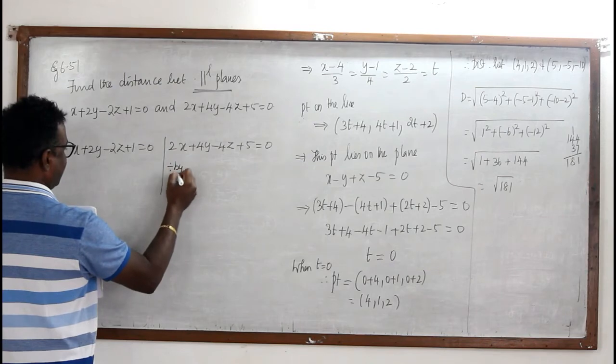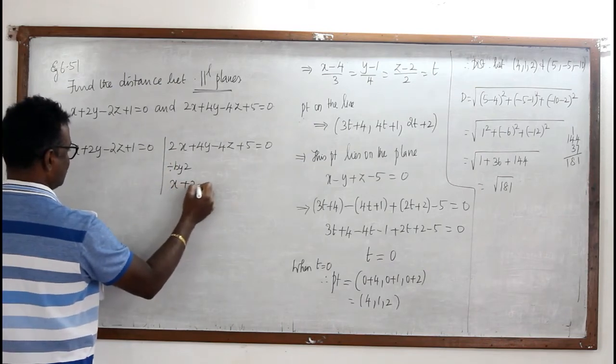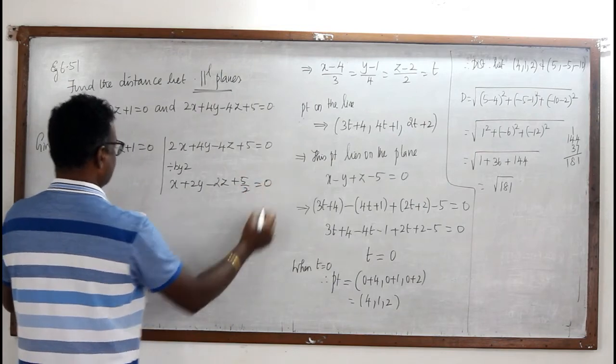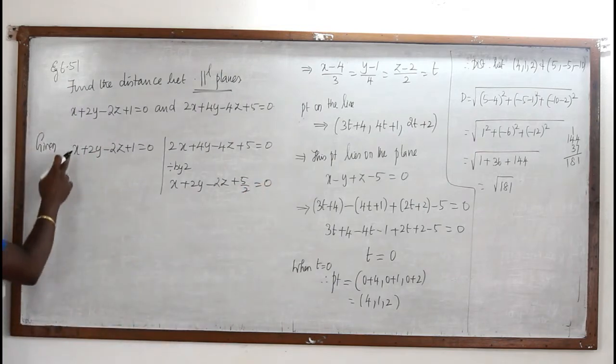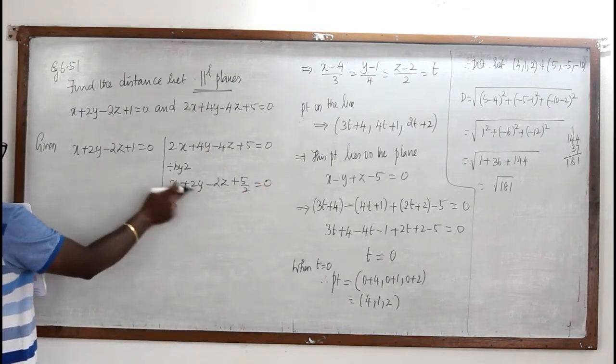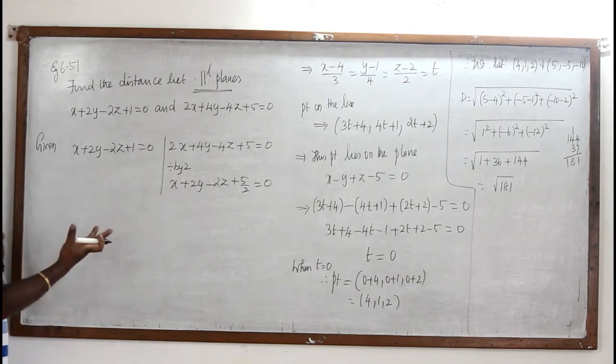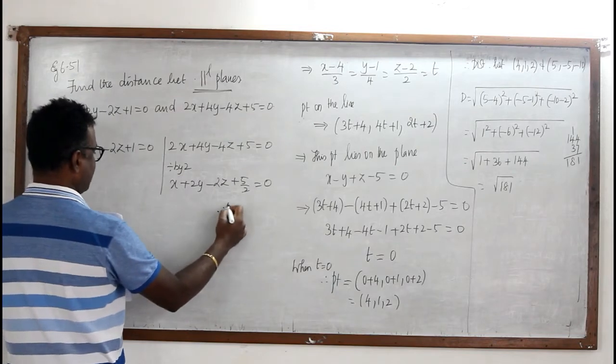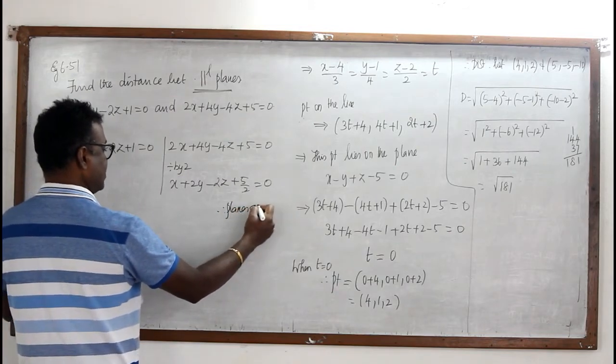Let me divide by 2, then it is x plus 2y minus 2z plus 5 by 2 equal to 0. Now when you compare, the coefficients of x, y and z are the same. They differ only by the constant, therefore the planes are parallel.